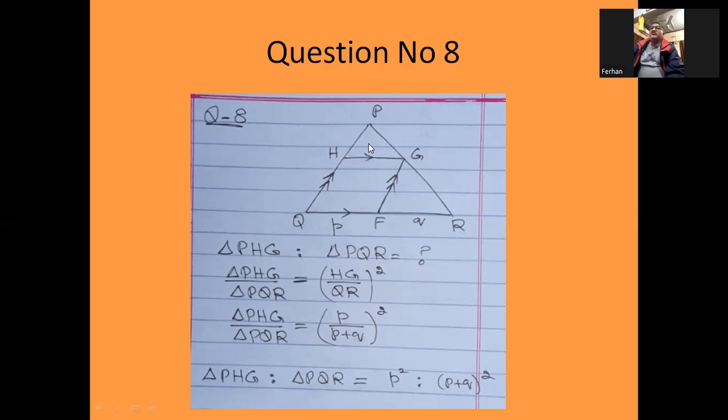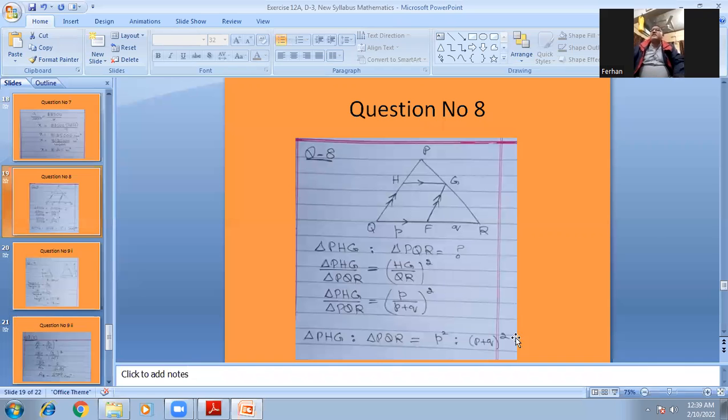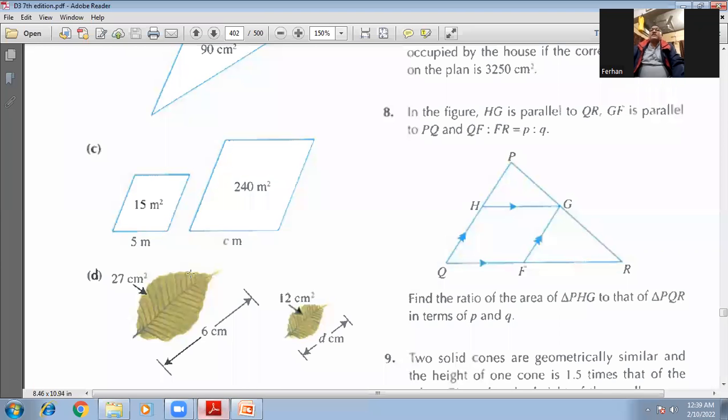The HG is basically P and the QR is P plus Q. So the area of the triangle PHG to the area of the triangle PQR will be equal to P square to P plus Q whole square. So that is question number 8. So let's go to the next part.